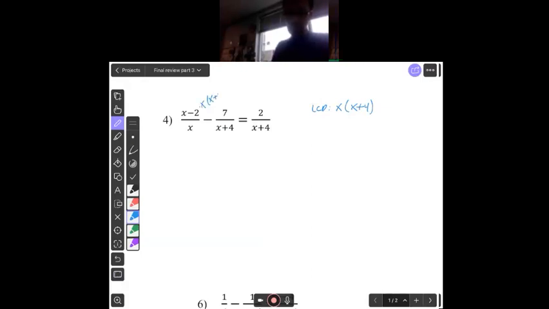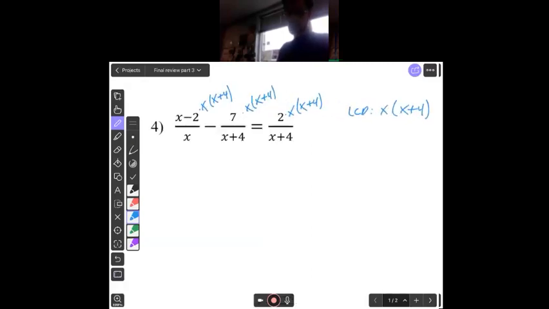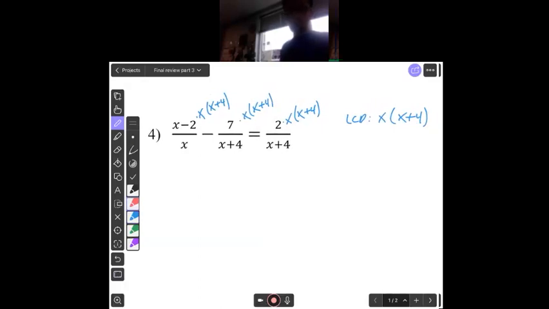I recommend that when you're doing this, don't distribute that. It actually makes the problem harder when you do the distribution there. We keep the why in mind to help us with the how. Our first sub goal here is to get the denominators to cancel, to get those fractions to go away.